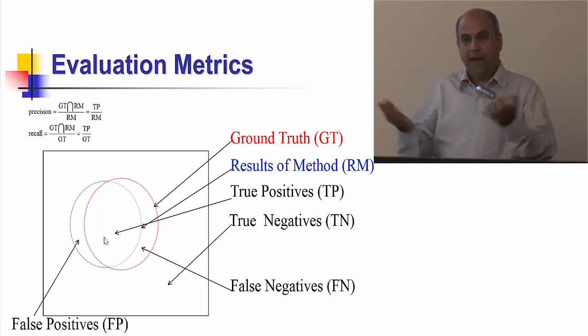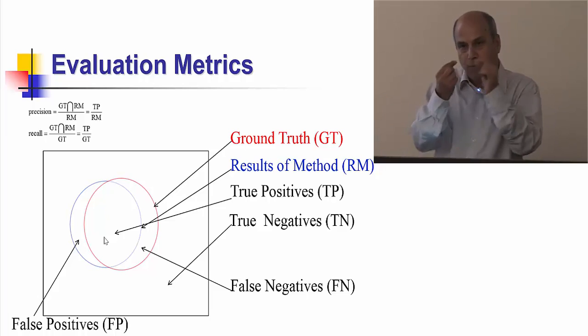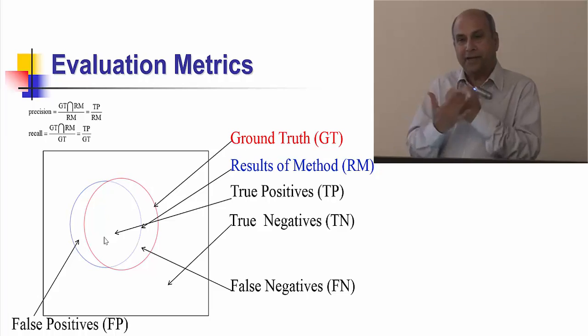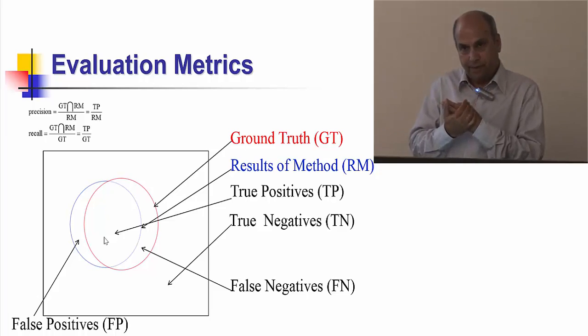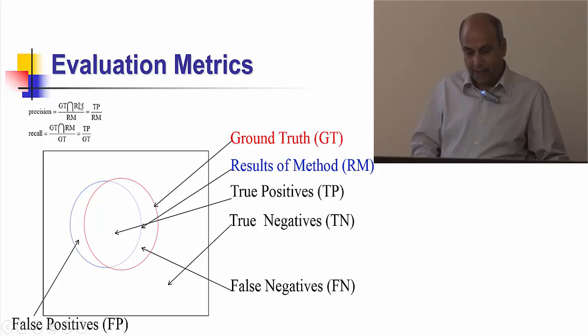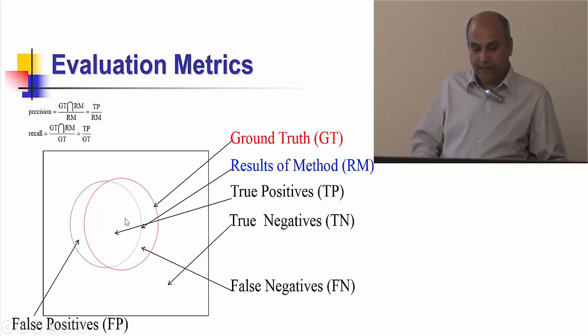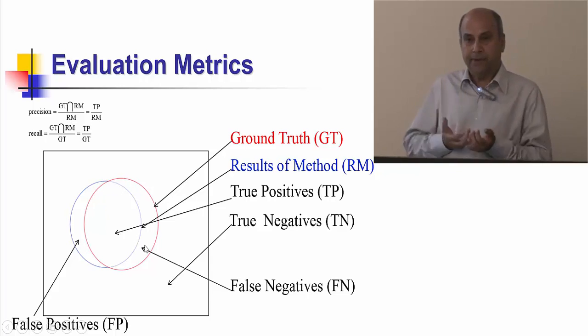We apply a program to find the edges, so we know which points are there. We find the intersection between those two, and that is this intersection. Now when we take this intersection and divide by the blue area, that becomes the precision. Divided by the red area, that becomes the recall.